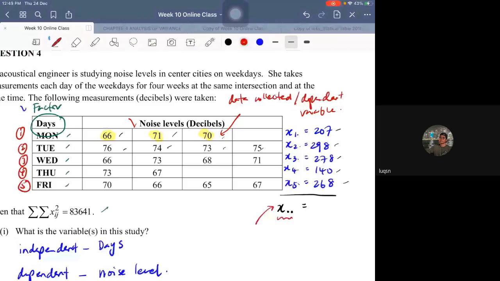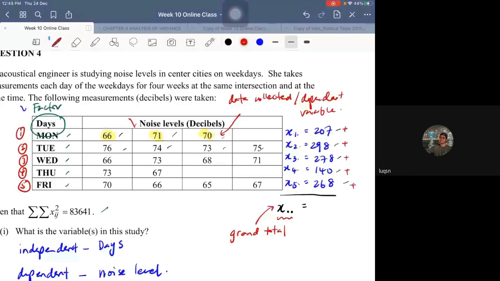Anyone? Grand total maybe. Exactly. It is called the grand total. The grand total is when you total up everything. So when I total up this one plus this one plus this one plus this one plus this one, I will get the value of the grand total. That is what x dot dot means.